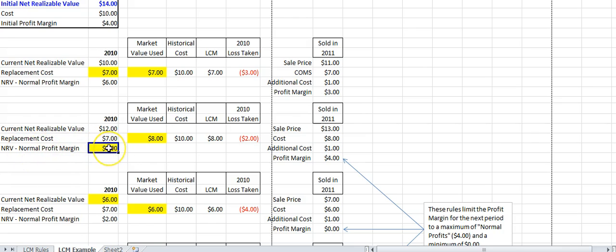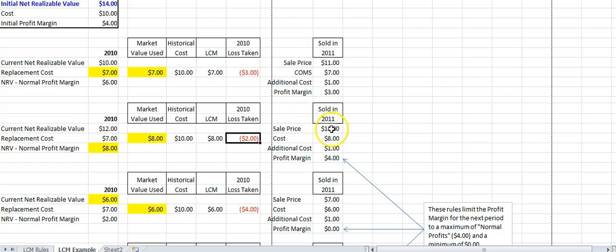So now we're going to use this as our market value for comparison purposes. So we compare the 8 to the 10, and we go ahead and use the 8 as our new inventory cost, right? Which means we're going to take a $2 loss in 2010. What does this do?